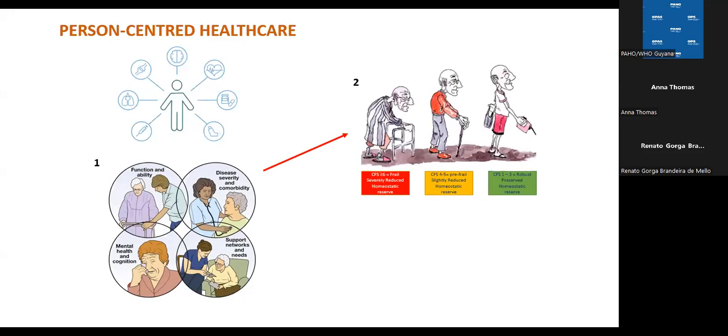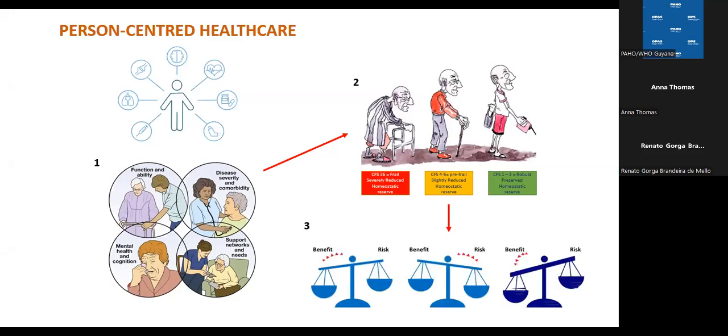So, addressing different diseases in older persons requires a broader, comprehensive look at vulnerability, first of all. So, by addressing these possible vulnerability states, we would be able to weigh possible benefits and possible risks here.